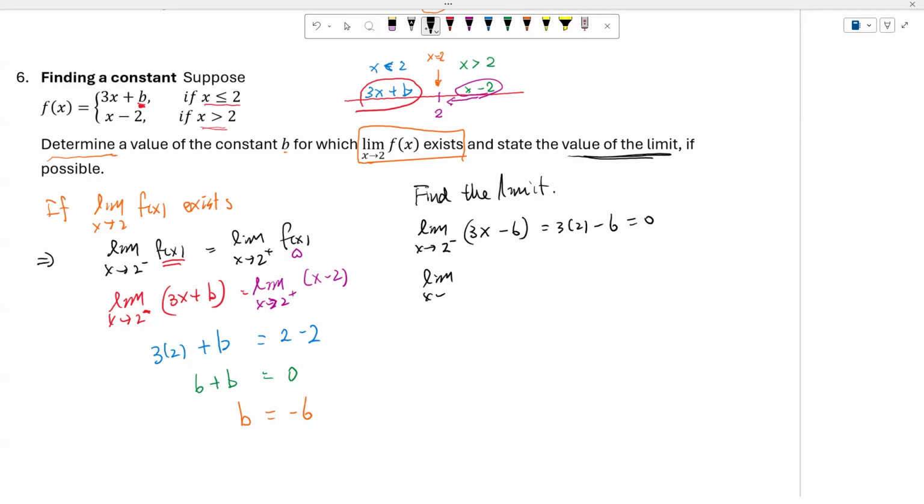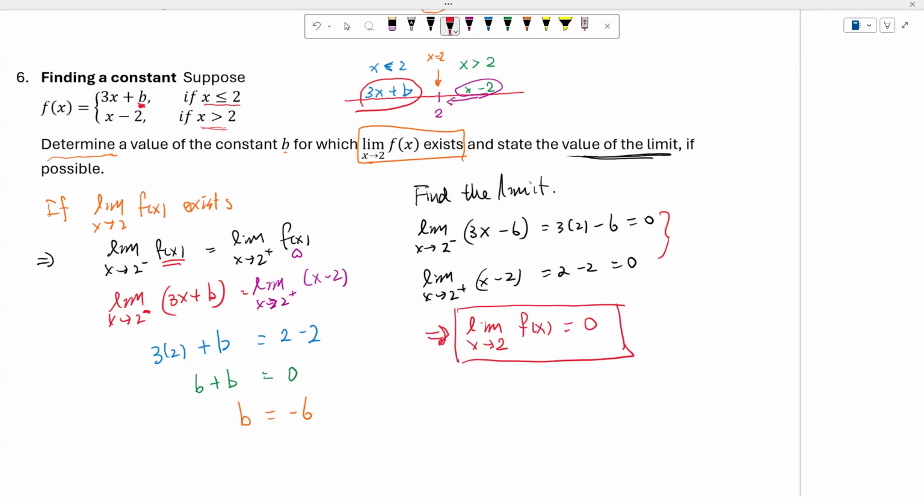And the limit as x approaches 2 from the right is x minus 2, which is 2 minus 2, also equal to 0. So based on these two right here, we could make the decision that the limit as x approaches 2 of f of x is equal to 0 then.